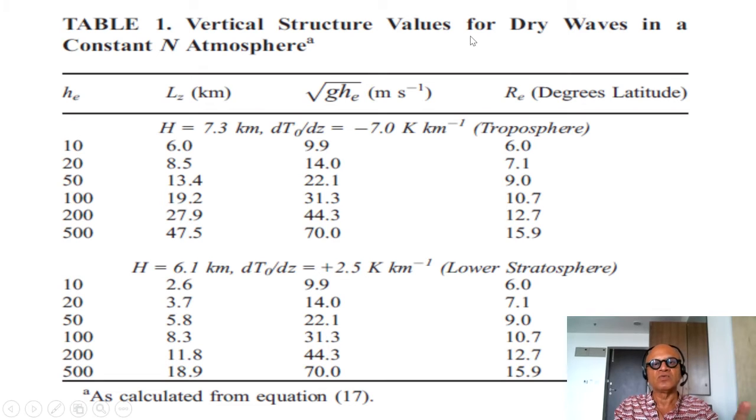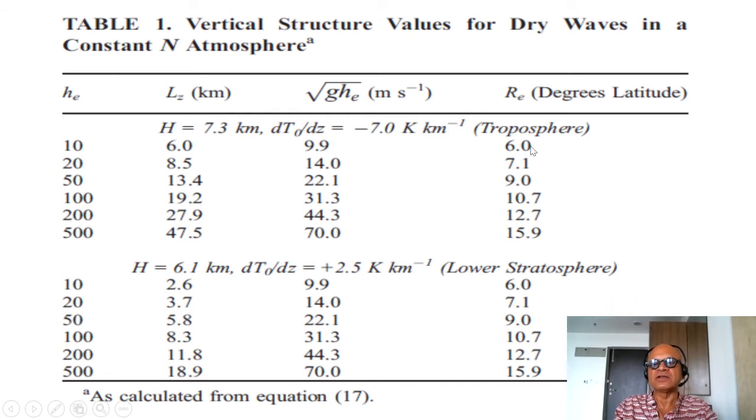So we haven't considered moisture here, but it shows that when you are considering a heat source, and a moving heat source, with certain vertical wave numbers, you want to match the equivalent depth to the observed vertical wavelengths.